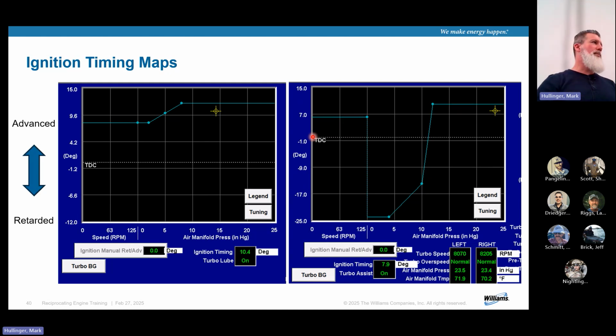That's just how they were programmed, 22 years ago or something. So that's why I put that in here. Advanced is that way, retarded is that way. On this particular engine, it will retard until the air manifold pressure gets up to about that, and then it will start to advance again. Usually those work, we have a few little headaches with that, but that's the way it's supposed to work.